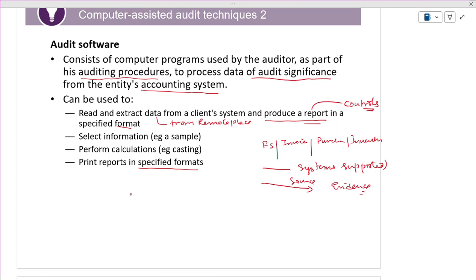Some companies have their own audit software, some have customized software like Tally, some are general software, some are tailor-made. Every company has its discretion, so you can use them to do the same process without any hurdles.